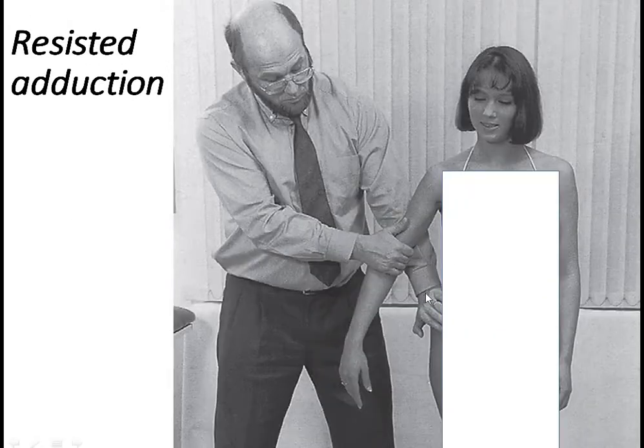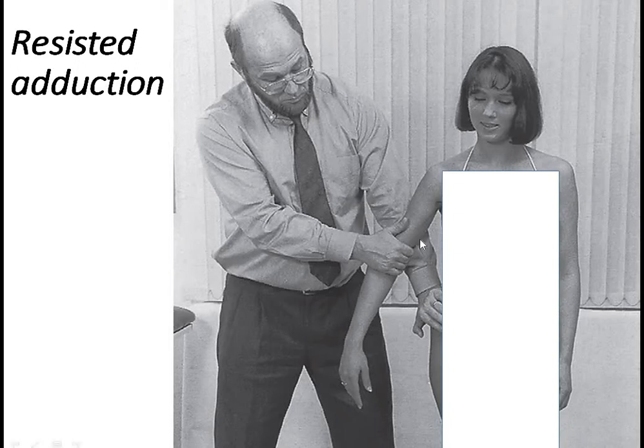So this hand will be placed on the ipsilateral pelvis area, just on top of the hip joint, just to prevent any movement towards the examiner, while the other hand of the examiner will be put around the elbow.